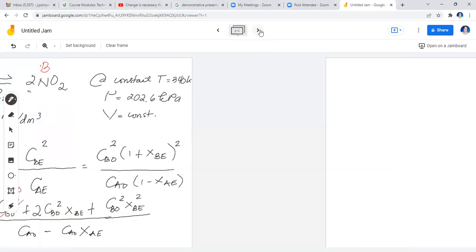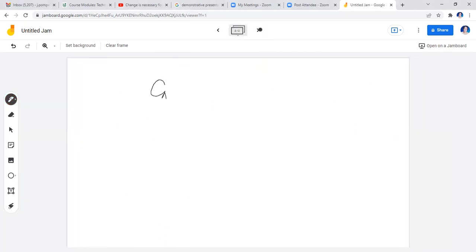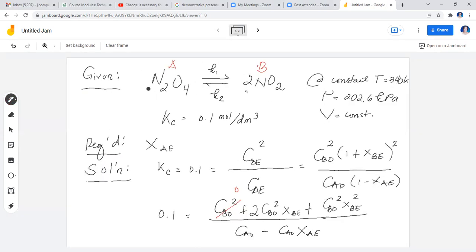If we go to the next slide, CAO XAE over 1 is equal to CBO XBE over 2. Why is that? It's because of these stoichiometric coefficients 2 and 1 that you see in your reversible reaction.